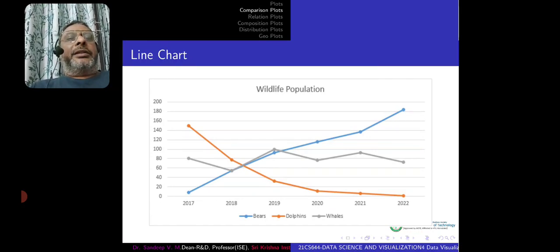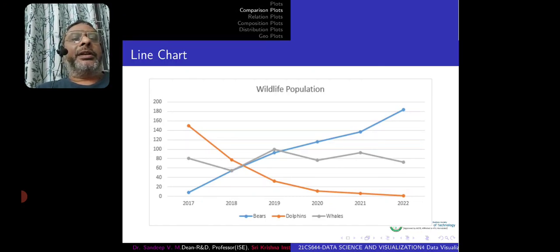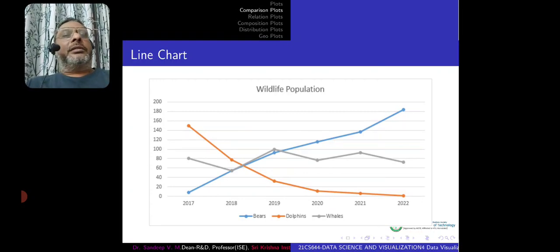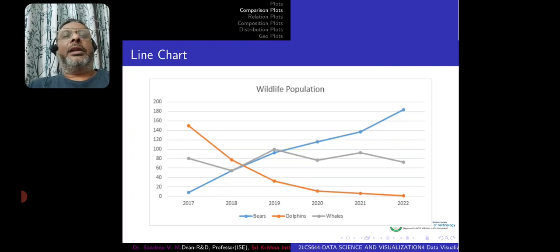On the other side, if you look at the whales, it's going up, down, up, down, up, down. So somewhere the population is almost maintained, sometimes going down, sometimes going up, but on average we can say that it is okay. And looking at the bears, yeah, there is some positive trend. It keeps increasing from time to time. So as a wildlife lover, it's a good sign that the number of bears is increasing.